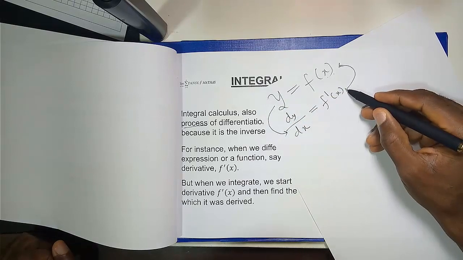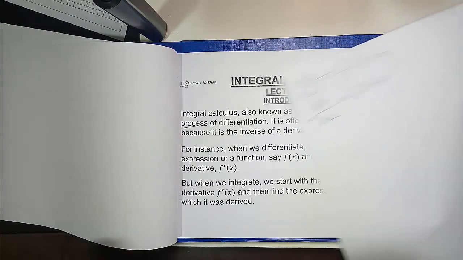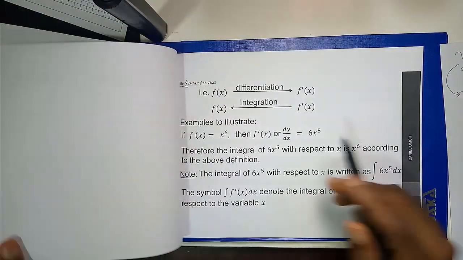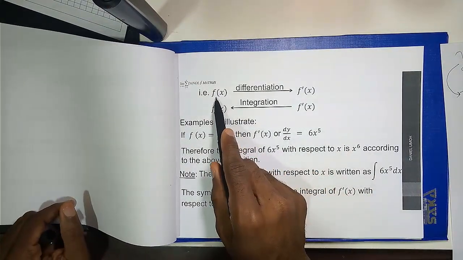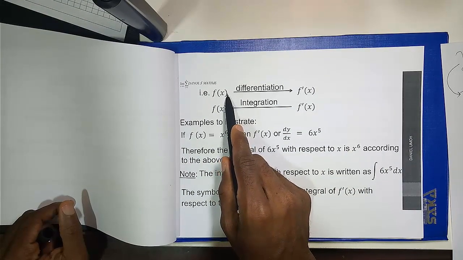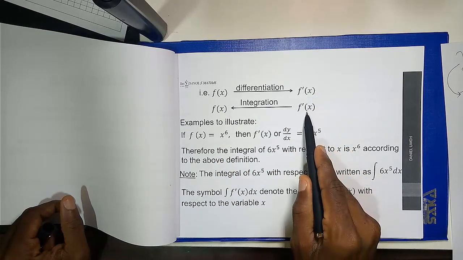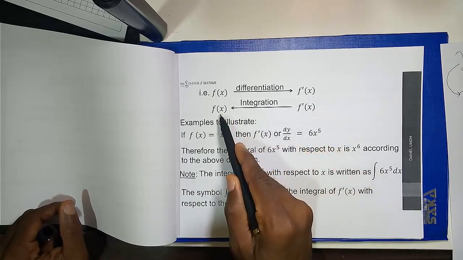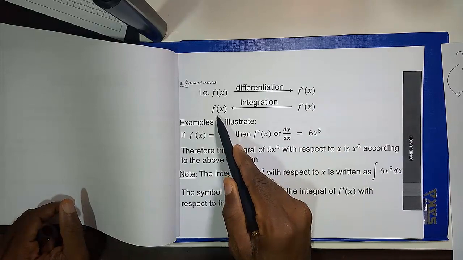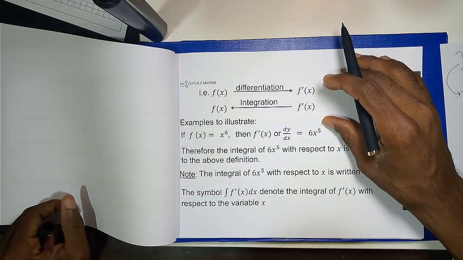Integration is using the answer and going back to its original form. So see, from f of x, the original function given to us, if we differentiate it, we have f prime of x. Then if we integrate f prime of x, we come back to f of x. I think this is a better explanation of what integration is.